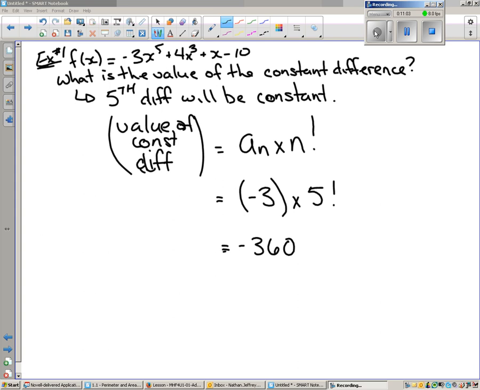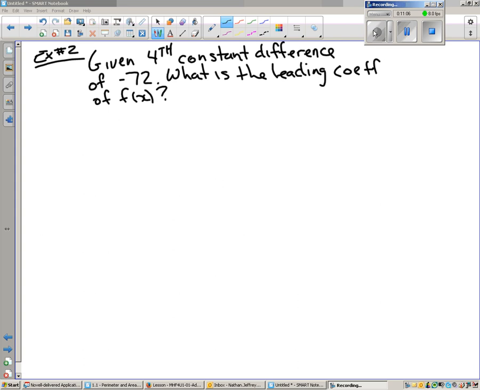A second example, you could be given a question that looks like this. You're given the fourth constant difference of -72. What is the leading coefficient of that function f of x? So how can we use finite differences to set up this question?